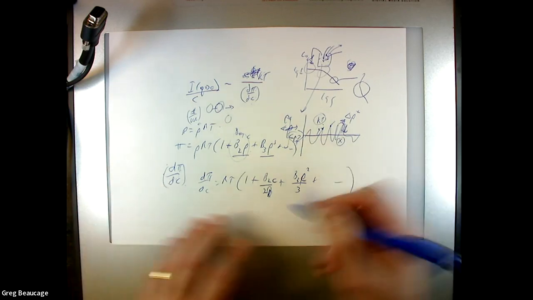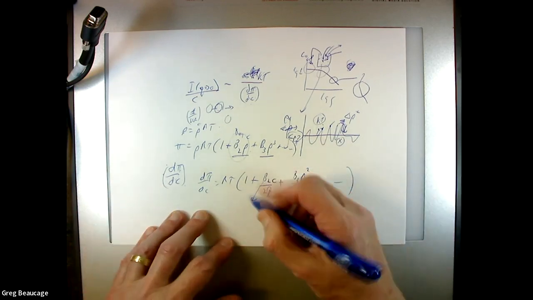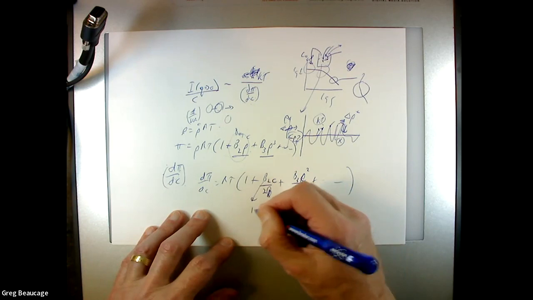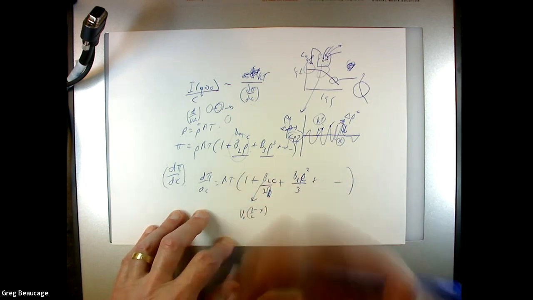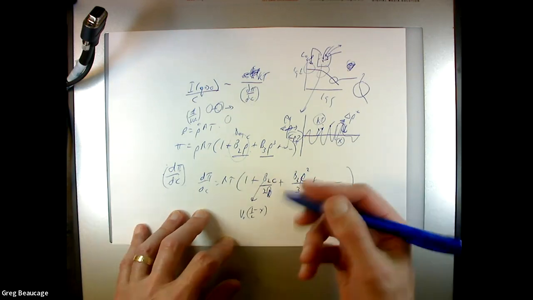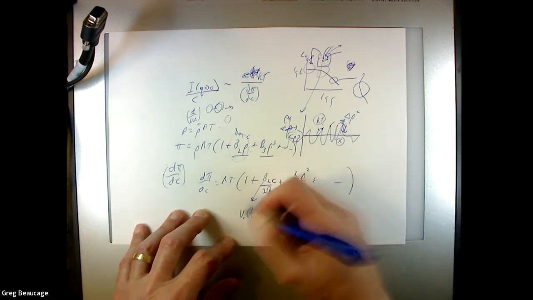So anyway, the polymer's B2 is like 1/2 minus chi times B naught, B naught being like the monomer volume thing. So this B2 has units of volume here.